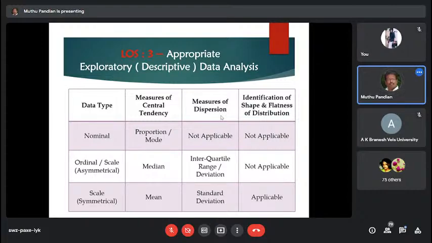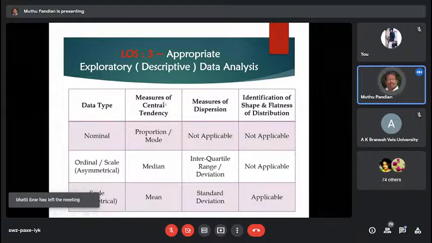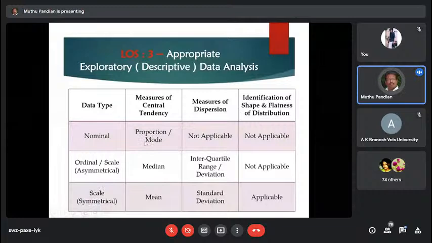For example, when my variable is a nominal variable, I use only the mode. For nominal data, you should not calculate median or mean. The appropriate central tendency is the mode.